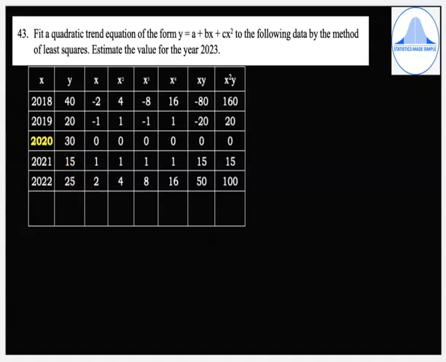So to start the problem, let us first write given the number of years. So n is equal to 5, within brackets you can write odd. Then next write let y equal to a plus bx plus cx square be the quadratic equation.